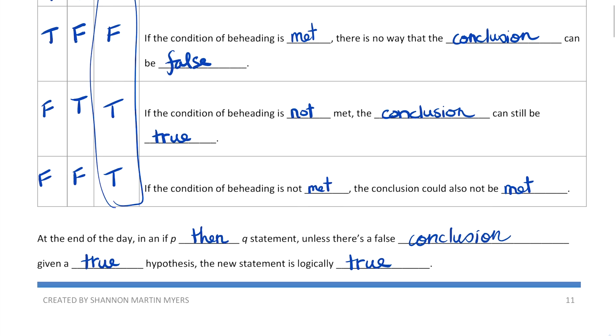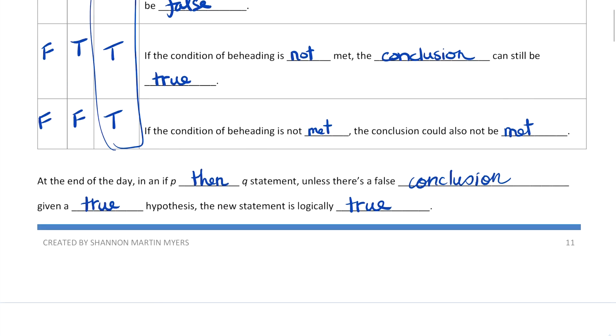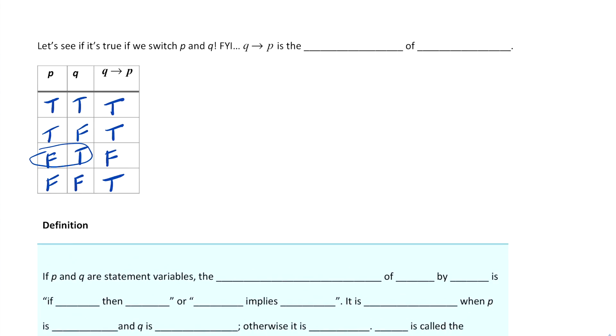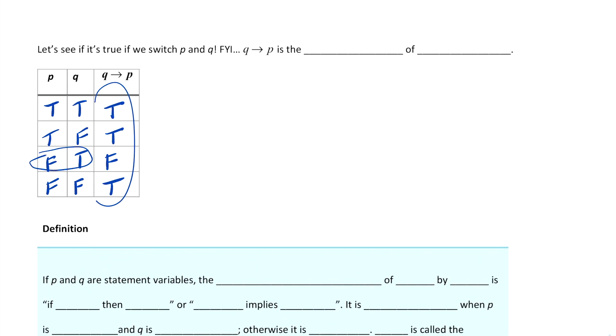If P then Q went true, false, true, true, going down, and if Q then P went true, true, false, true. So the middle statements don't match. So they're not logically equivalent. All right, this is important. P implies Q is not logically equivalent to Q implies P, unless you have a stronger statement.